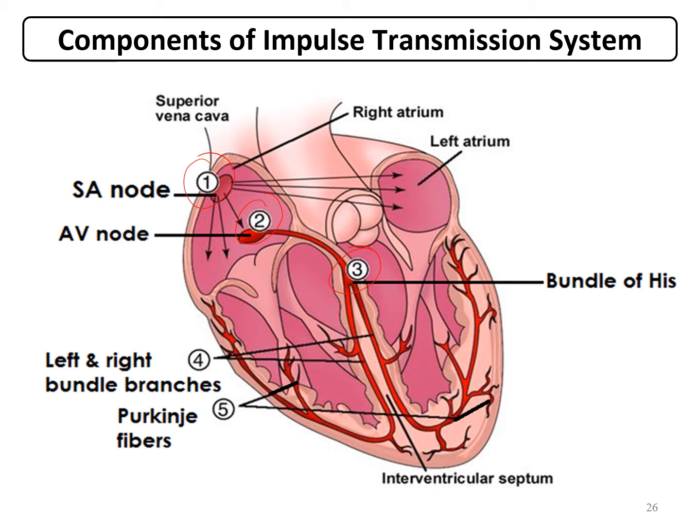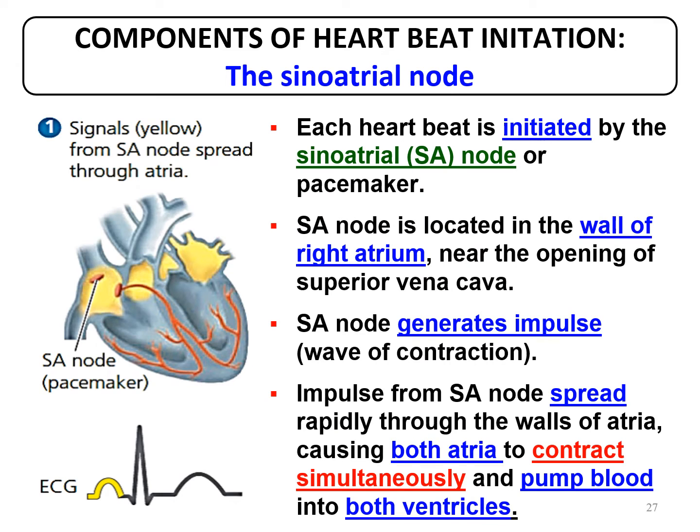Then we have the bundle of His, which is divided into left and right bundle branches, and then we have the Purkinje fibers in the area of the ventricles wall. So each heartbeat is initiated by the sinoatrial node, known as the pacemaker. In Malay we call it perentak.